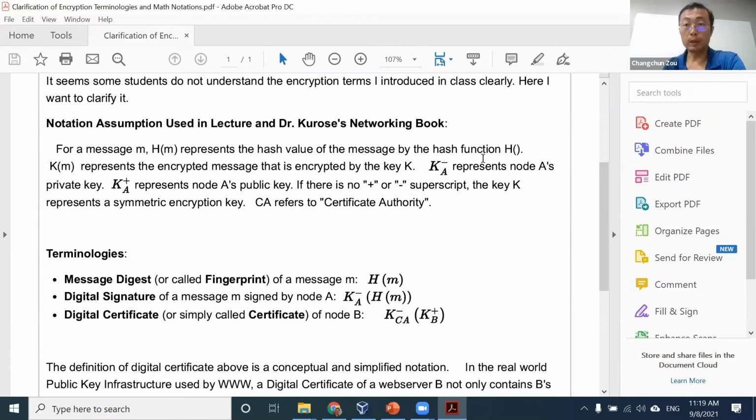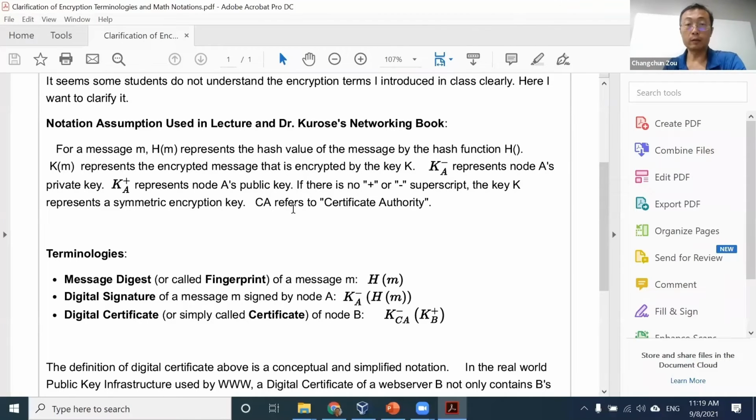So just remember this hash function, we use H(m) to represent the hash function, and K_A minus represents node A's private key, K plus represents the public key. If there is no plus or minus superscript, then K represents a symmetric encryption key. So if we only say K sub A, then that means it's a symmetric encryption key.